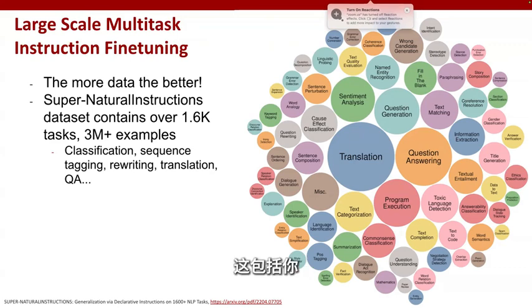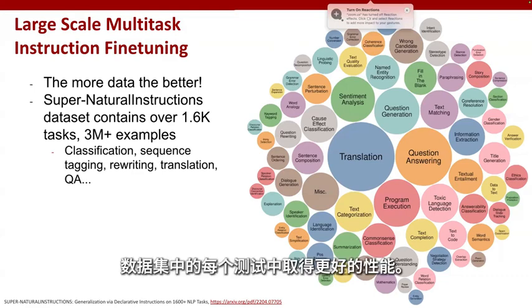That includes all the tasks you could think of, including translation, question answering, classification, and sequence tagging. So almost all the tasks that you can do with text alone. And this allows the model to learn across tasks and achieve better performance on every task in the dataset.